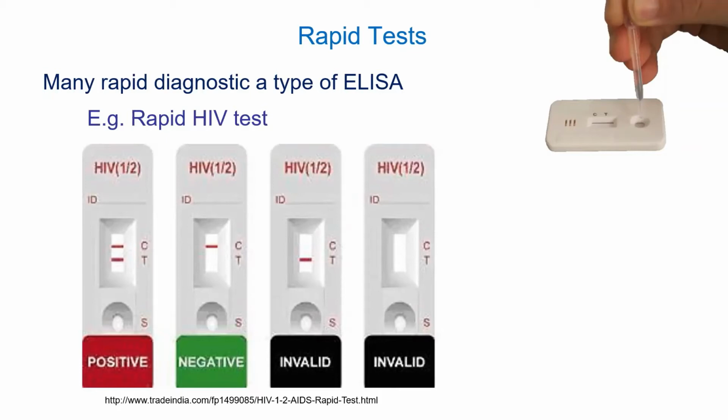The sample is going to diffuse, bind antibodies, and you're going to see a reaction. If you have two bands, the control band and the test band, that means you're positive. If you have just the control band, that means the test is working and you're negative. Other results are invalid because the control band should always show, otherwise the test is not working properly.